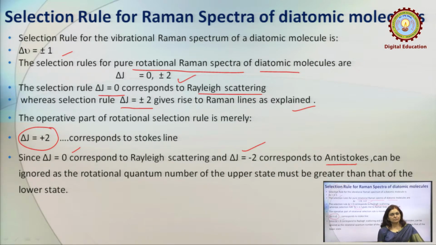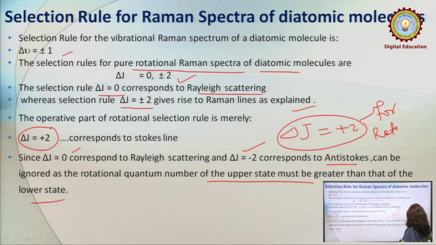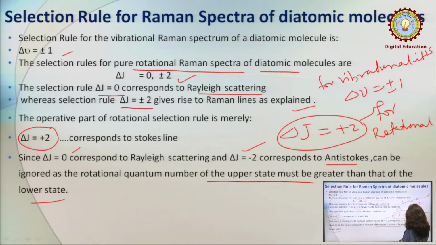It means rotational level changes of 0 and minus 2 must be ignored, as the rotational quantum number of the upper state must be greater than that of the lower state. So, the operative part is only delta J equals plus 2 for rotational, and for vibrational it is plus 1, minus 1.